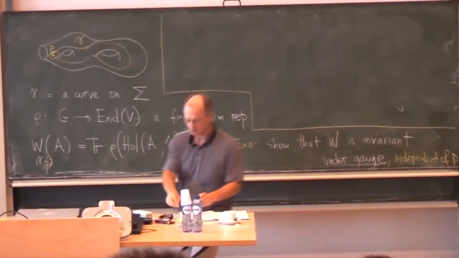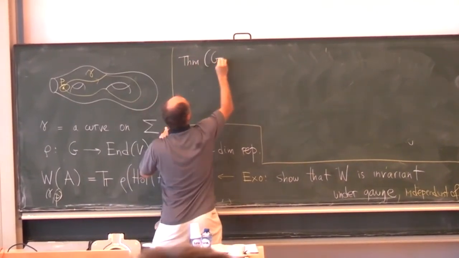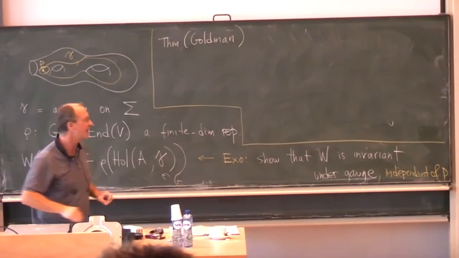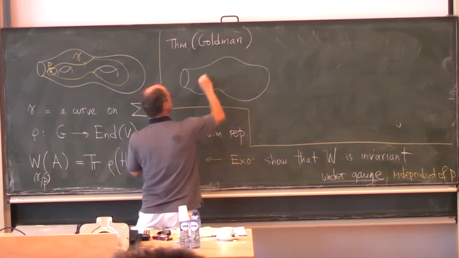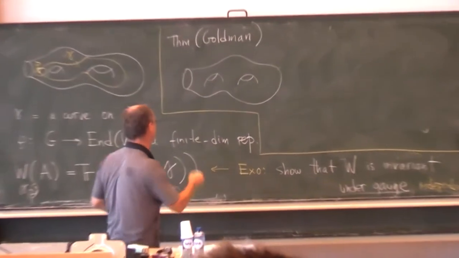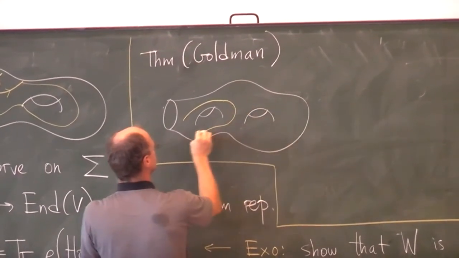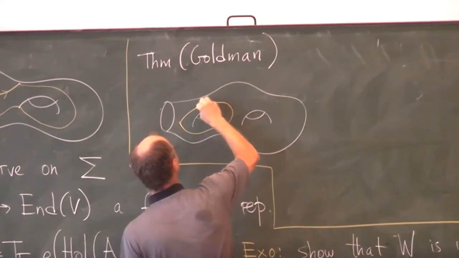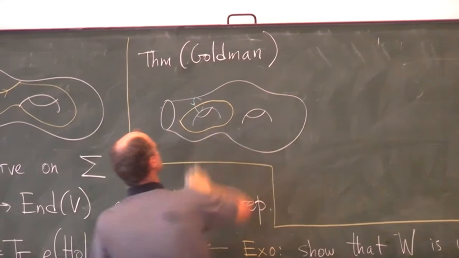Now the theorem of Goldman explains how to compute a bracket of two such functions. I'll make some further assumptions about the curves. Right, this will be one curve. So the curves should intersect transversally.